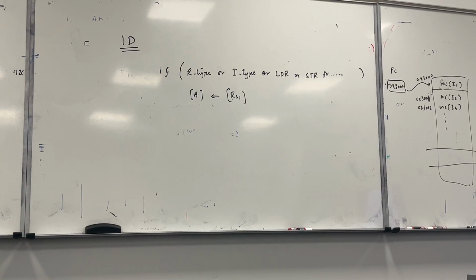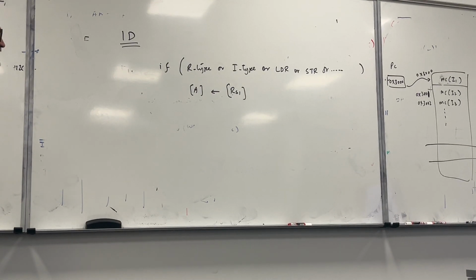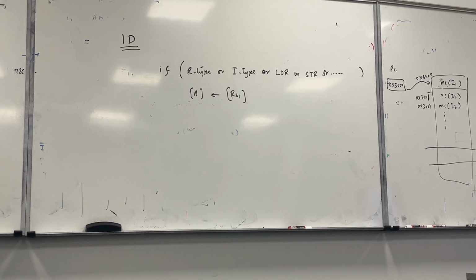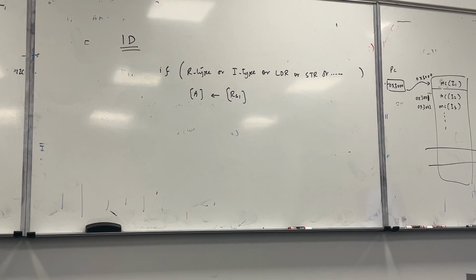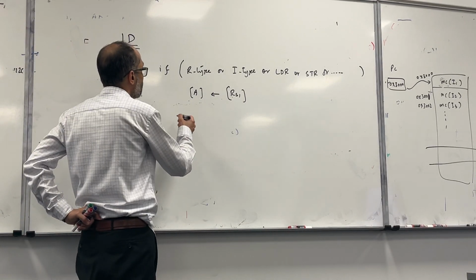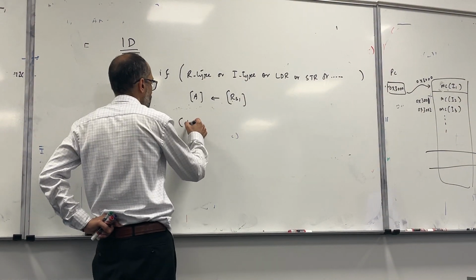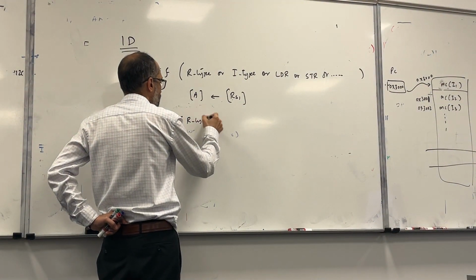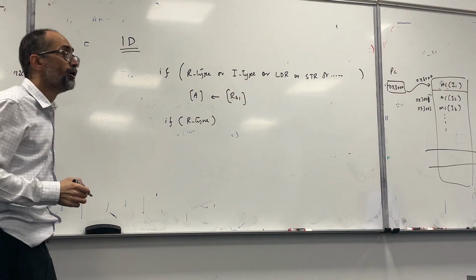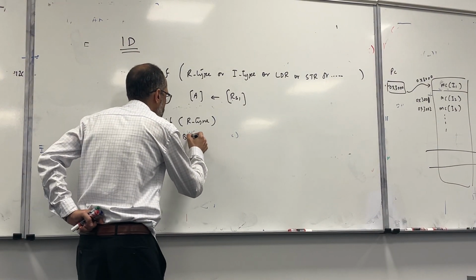What will be the content of B? Help me. Now please remember, if it's R type, what will be the content of B?